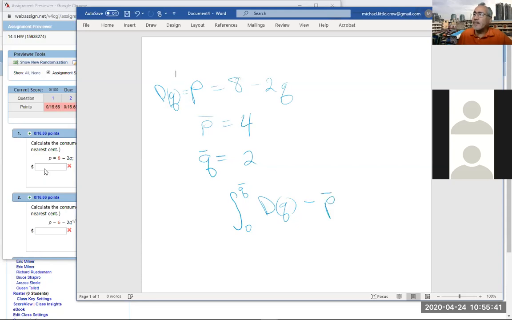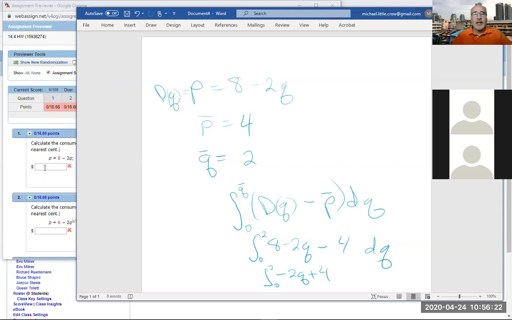So 8 minus 2Q minus 4, but you would integrate it from 0 to 2. So the 2 that you found becomes your limits of integration. You could simplify it a little. It becomes minus 2Q plus 4. So now you could type this function into your calculator and just find the integral from 0 to 2, and that will be your answer.